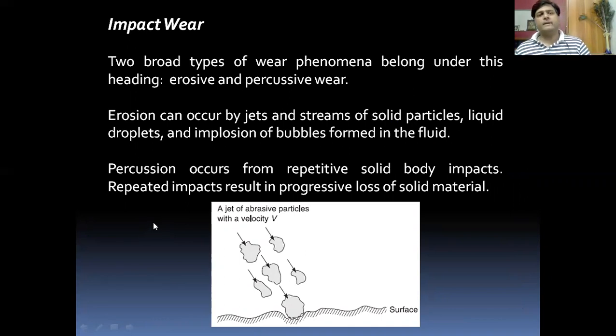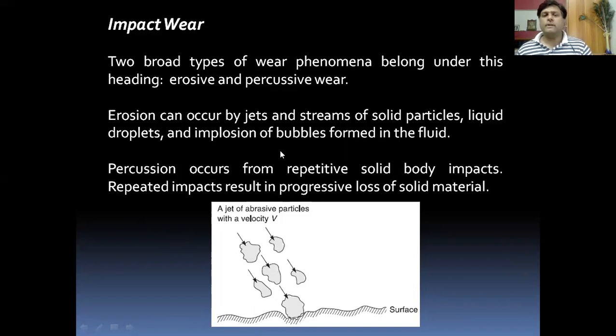Impact wear has two types, called erosive and percussive impact wear. Erosion generally occurs by jets and streams of solid particles, liquid droplets, and implosion of bubbles formed in the fluid.